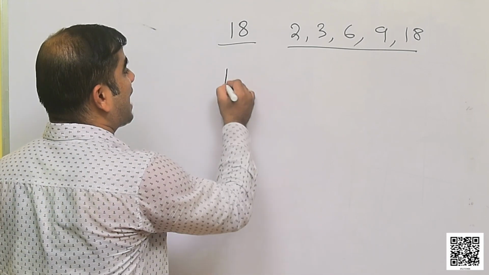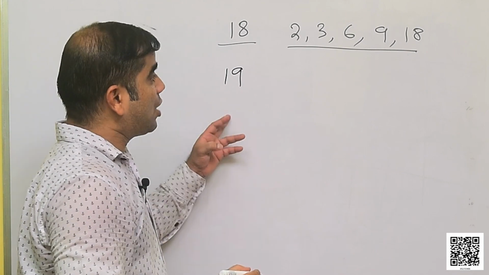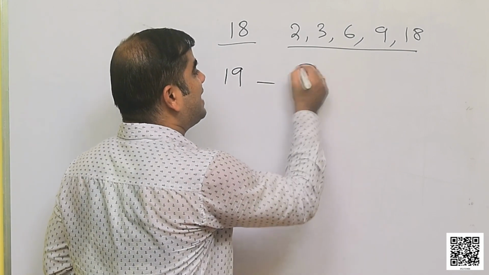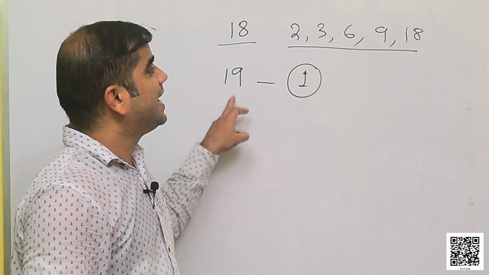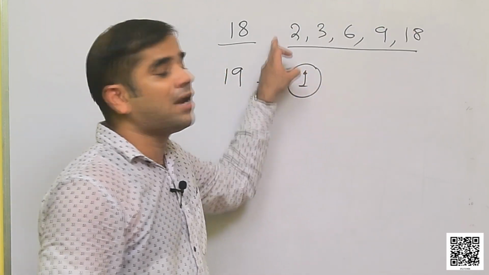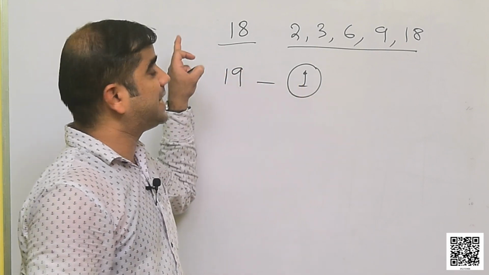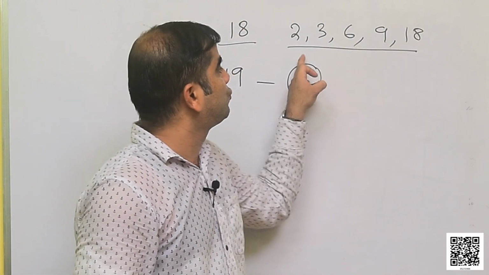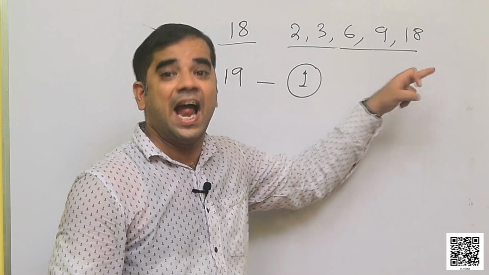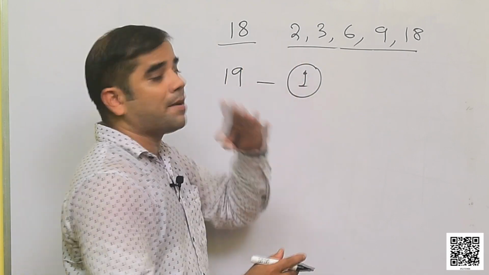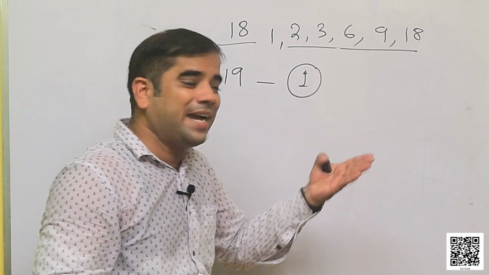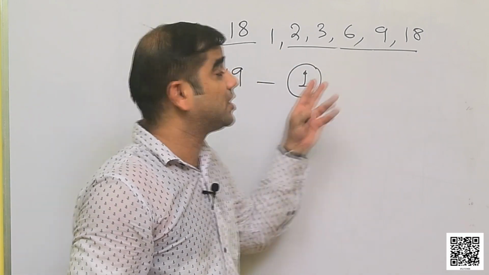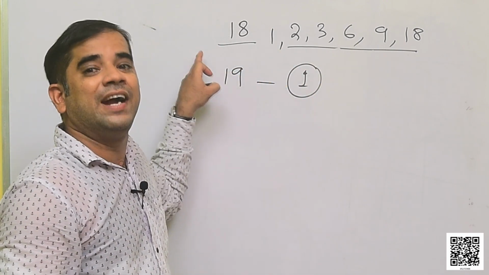If there are, suppose, 19 bangles, there will be one bangle left to be grouped. So in that case 19 is not a multiple of these numbers, whereas 18 is a multiple of 2, 3, 6, 9, 18, and as all these numbers including 1 divide 18 completely, these numbers are called the factors of 18.